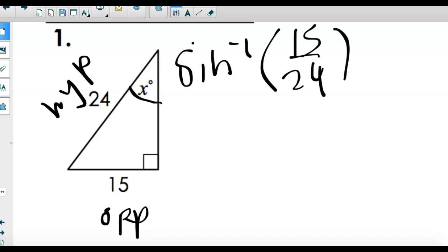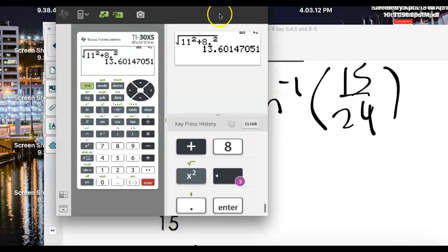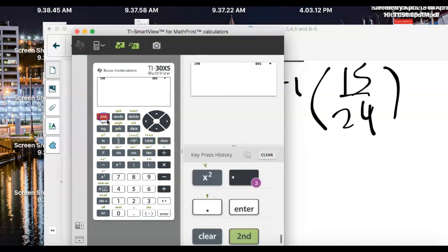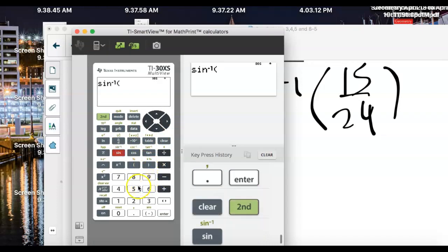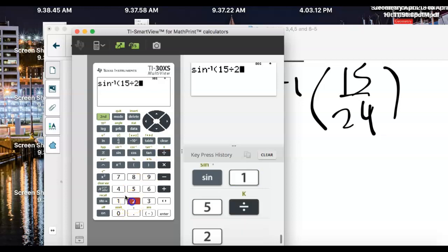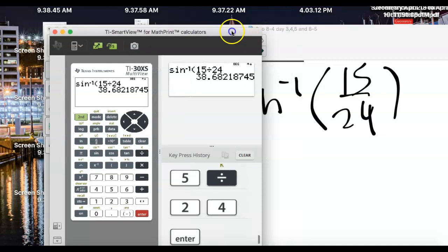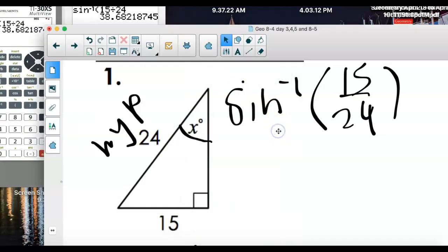We need the calculator to help us. Inverse sine of 15 over 24. And we get that it is about 39 degrees if we're rounding to the nearest whole.